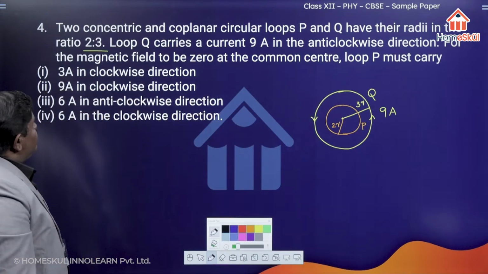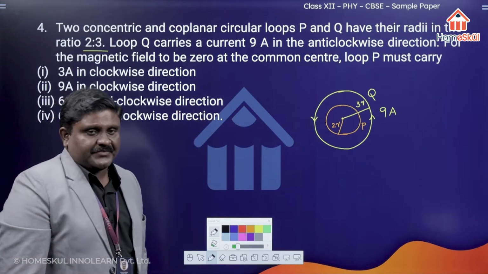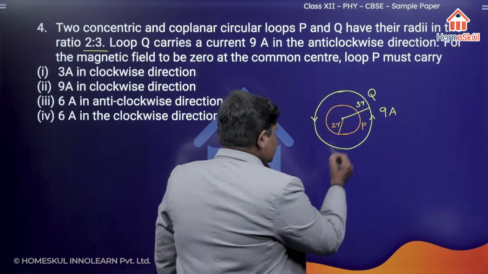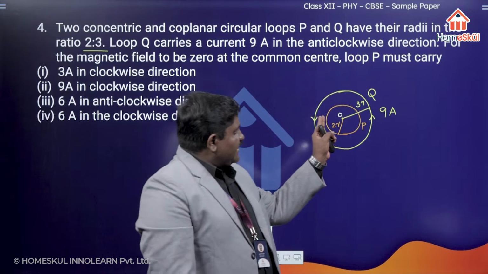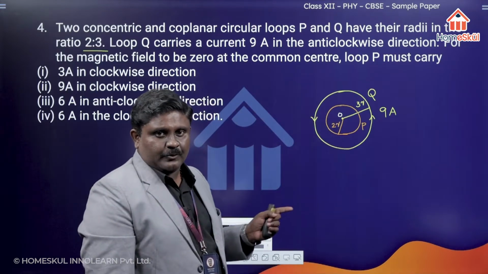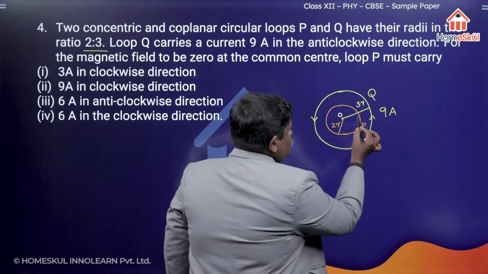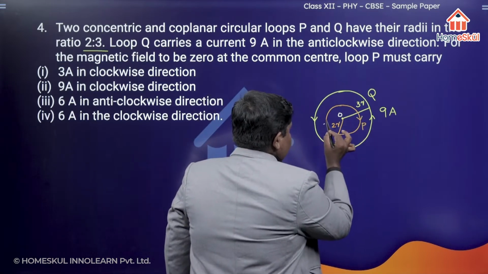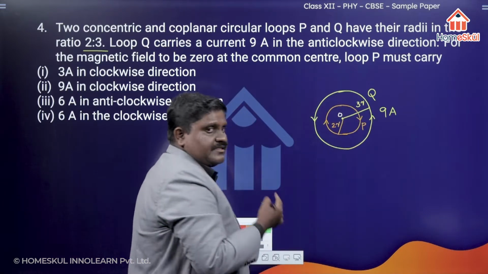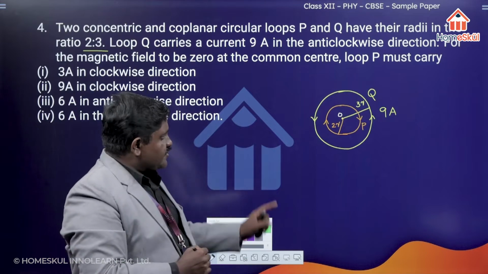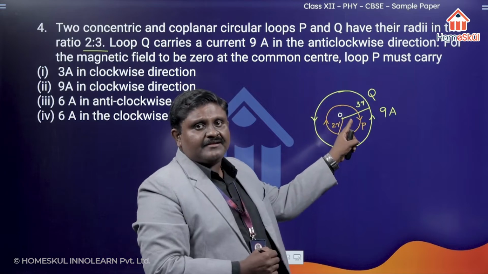For the magnetic field to be 0 at the common center, which we call O, the direction of current in P should be clockwise, because the direction of current in the outer loop, Q, is anti-clockwise.